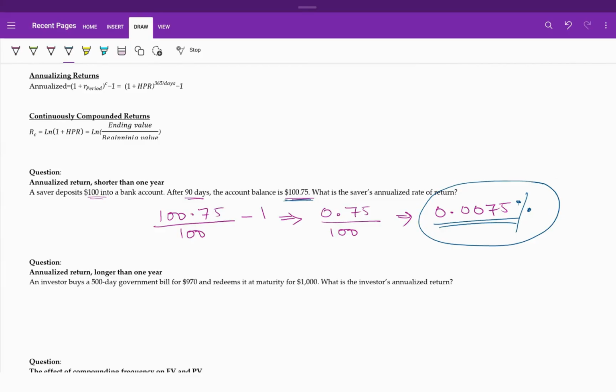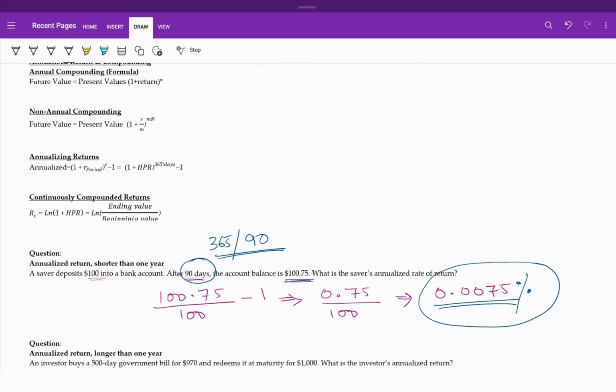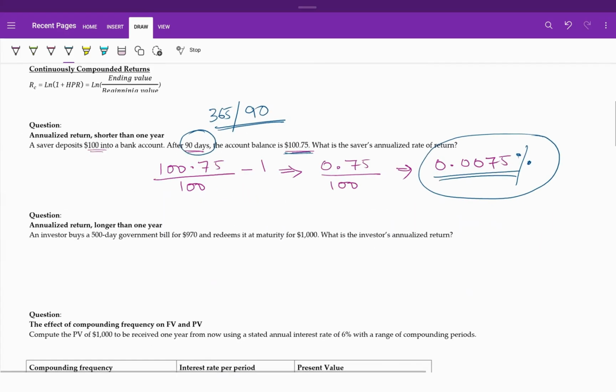So if they have given 90 days, I'm going to use 365 divided by 90 to convert this into a quarter.